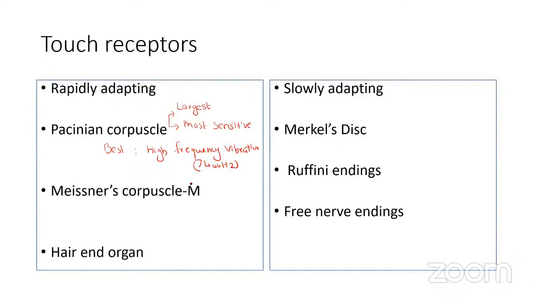Next, Meissner's corpuscle is the most abundant sensory receptor. Its best stimulus is movement.